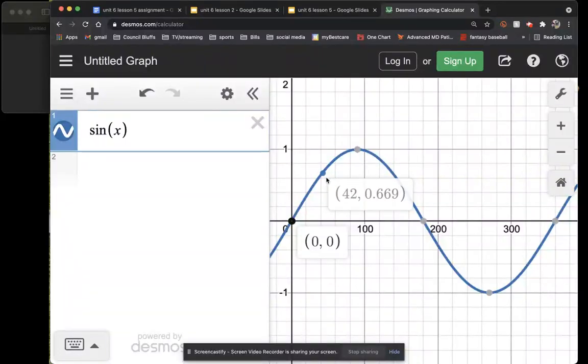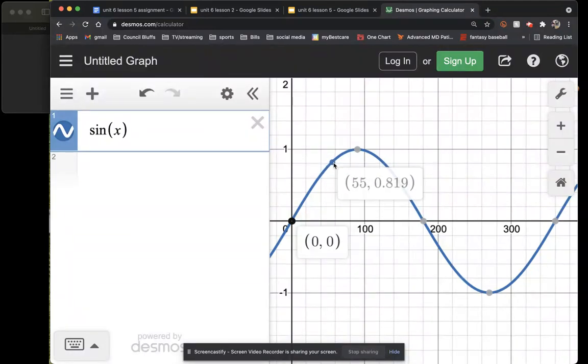So it's going to be somewhere between 41 and 42 degrees. The first angle is going to be approximately 41 or 42 degrees. If this were a test, I would accept either of those.